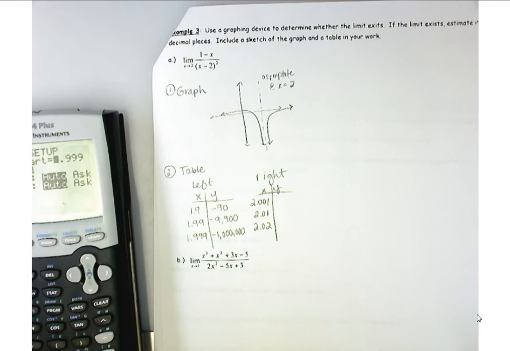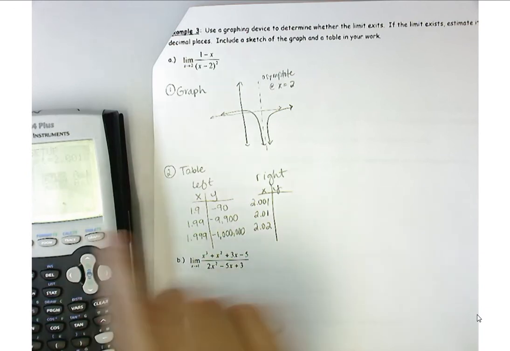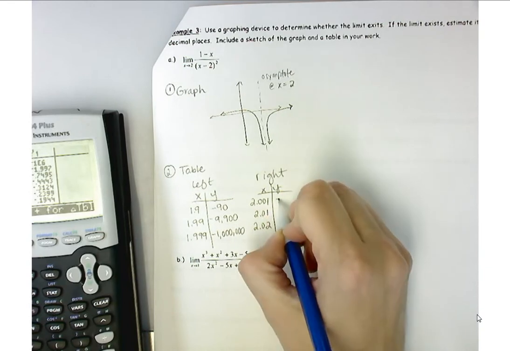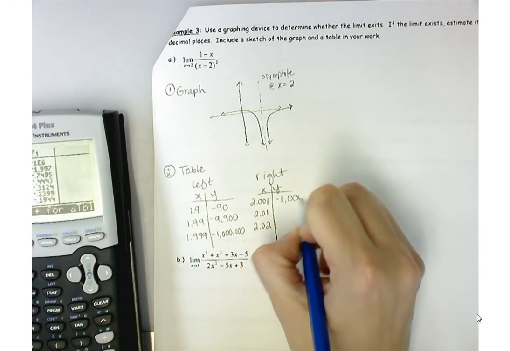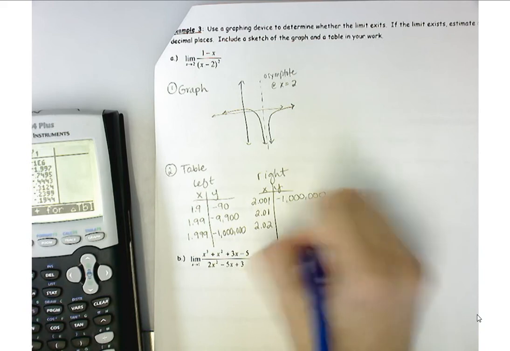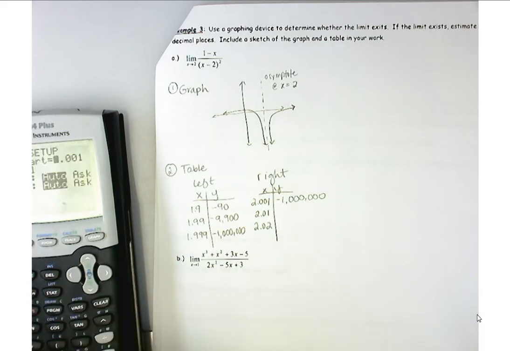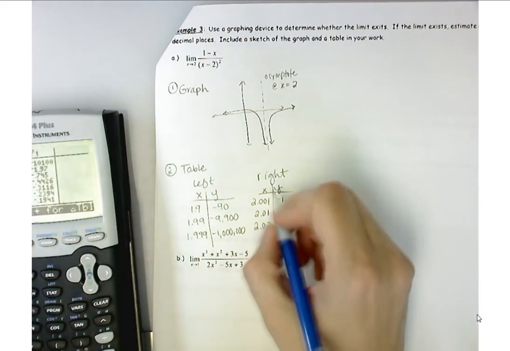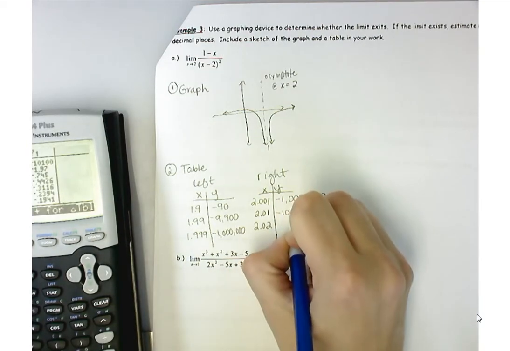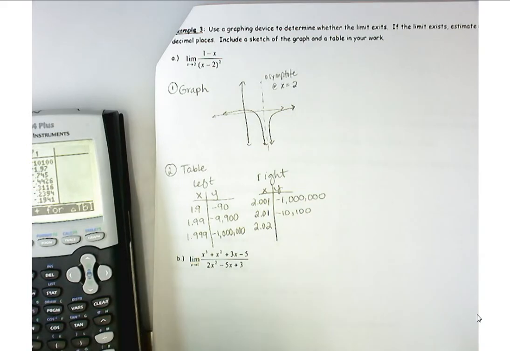Alright, and then let's see what happens from the right side. Oh, I got that same thing again. Now don't be fooled just because you got that same thing again thinking that that's what it's going to approach. So think about our last few examples.